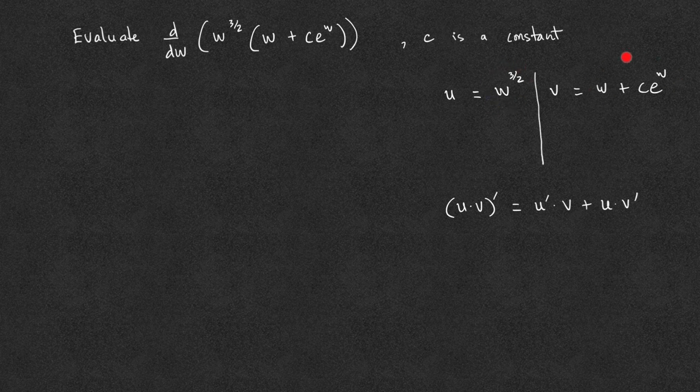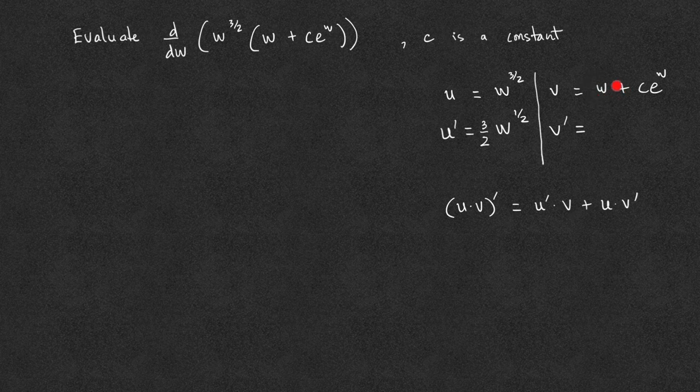Using the power rule to find the derivative of w to the 3/2 power, u prime is 3/2 w to the 1/2, and 3/2 minus 1 is 1/2. For v prime, v is the sum of two terms, so we find the derivative of each term separately and add them.